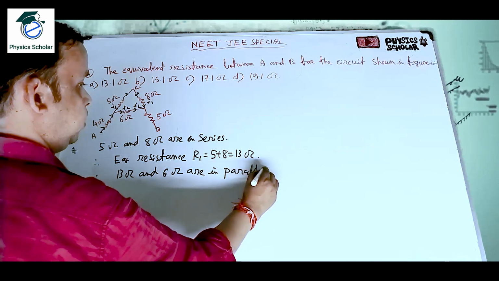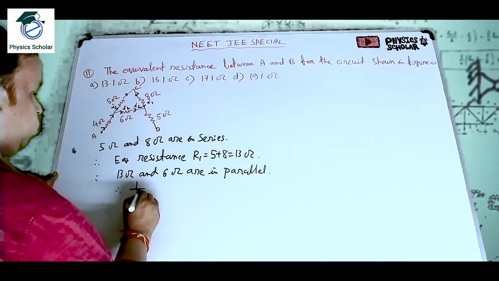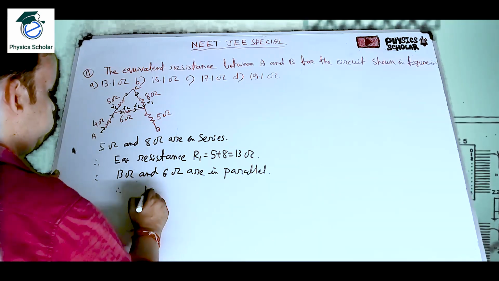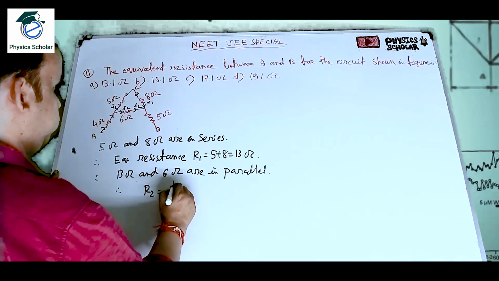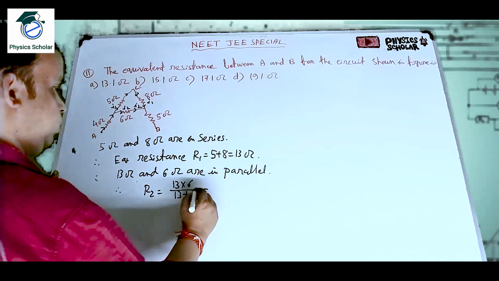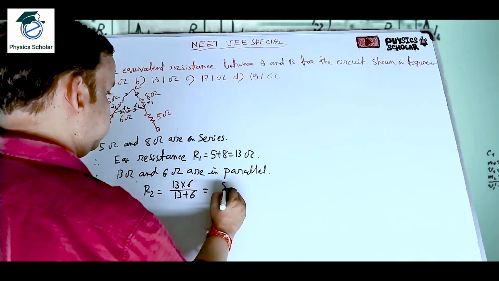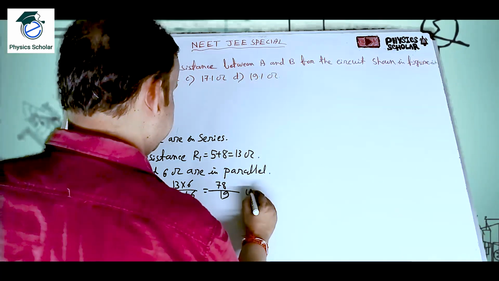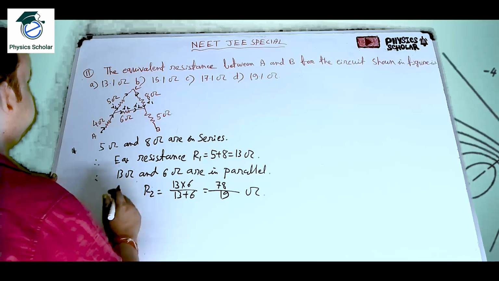So for the equivalent resistance R2, two resistances are in parallel, that means R2 is equal to 13 into 6 by 13 plus 6, which is 78 by 19 ohms. Clear? That is R2.